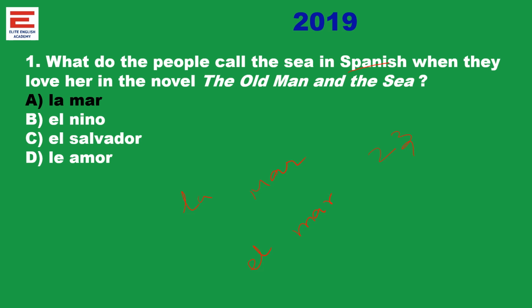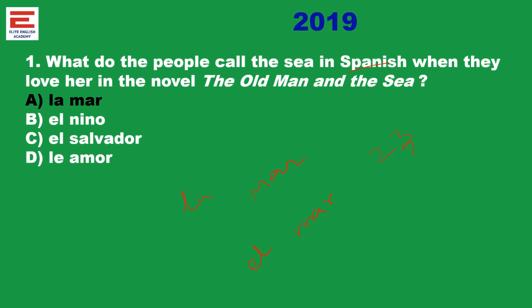So please note down the textual lines: He always thought of the sea as la mar, which is what people call her in Spanish when they love her. So whenever the Spanish people love the sea, they call it la mar, because every time it is giving something. So it is the source of the people's livelihood.